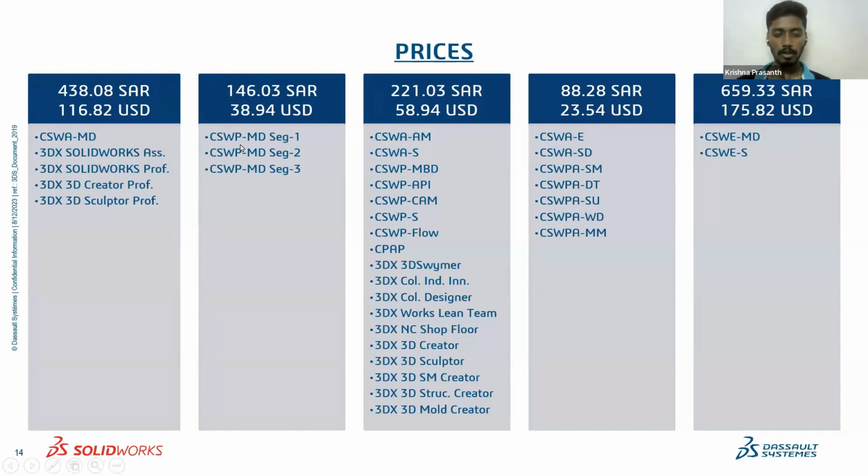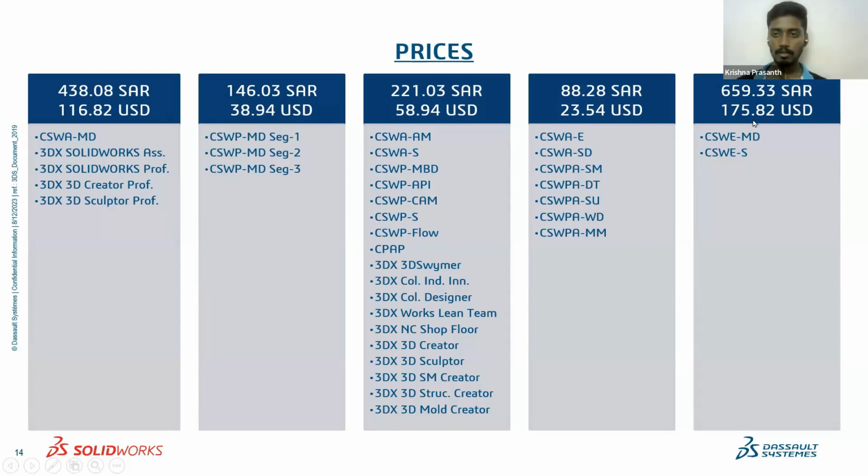Only one thing to be noted is the CSWP mechanical design. For the mechanical design part of the CSWP, we can take the exam as a single exam, taking the complete 3-hour session, or else you can take it as separate segments. Each segment would cost 38.94 USD. So this is the price range in which each of the certifications will be costing.